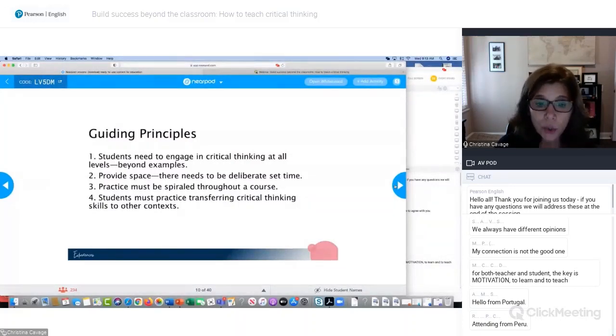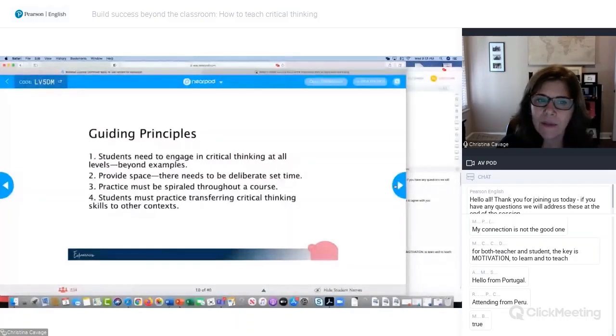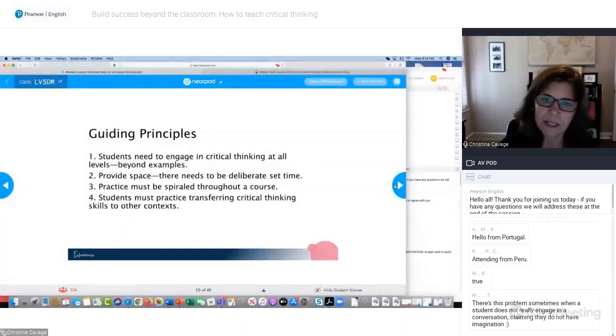And so we're so driven by the content that we have to deliver that we may not thoughtfully give space and time to develop critical thinking. And so that's our guiding principle number two, really making sure that we provide space, we build in that space. Number three is that the practice must be spiraled throughout the course.